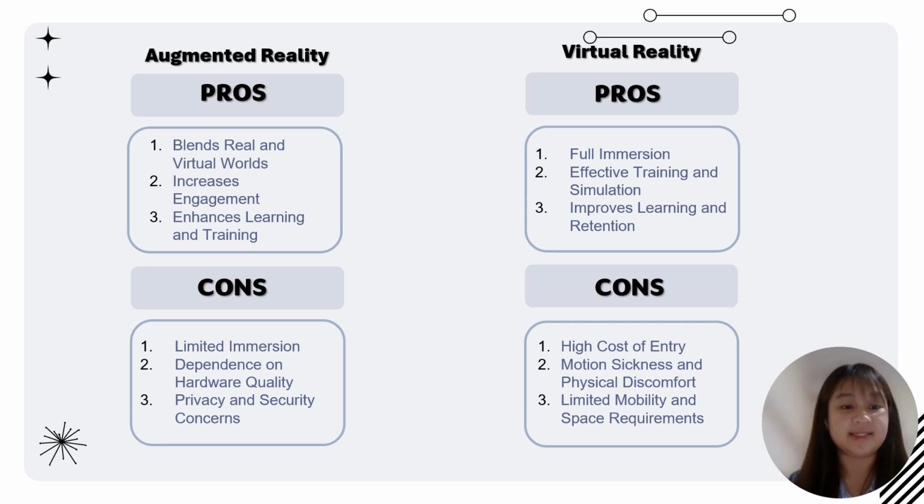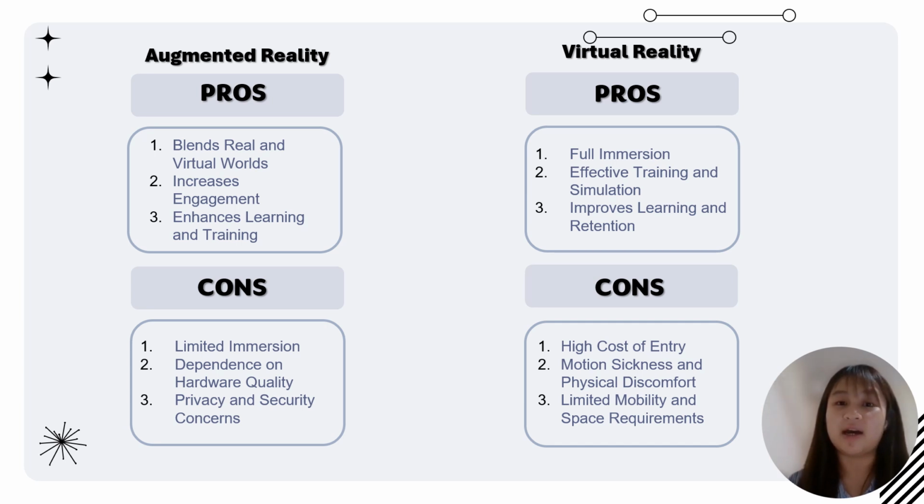Secondly is increased engagement. AR apps and experiences are often interactive and engaging, making them appealing for marketing, Snapchat filters, gaming, Pokemon Go, and education. An example is AR in social media apps like Instagram or Snapchat, which increases user engagement with playful filters.